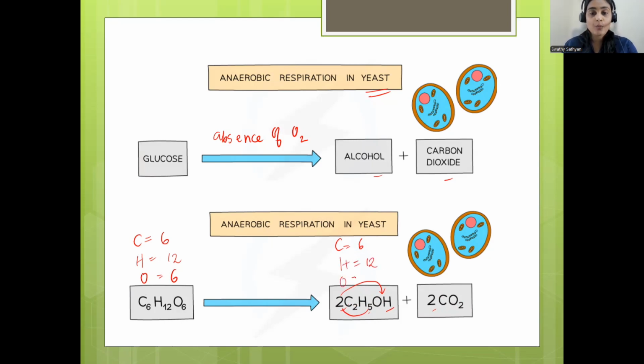And oxygen, how many oxygens are there? Here you have 2 oxygens, plus here you have 2 into 2, 4. 4 plus 2, 6 oxygens. So it is also a balanced reaction, right? So this is happening when anaerobic respiration occurs in yeast cells. So the ultimate products are alcohol and carbon dioxide.